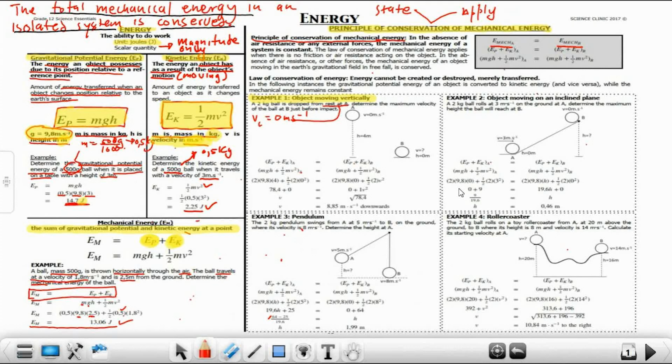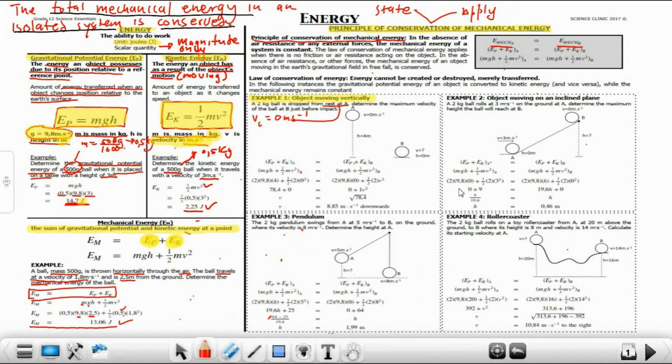So it basically says now a 2 kg ball is dropped from rest. Determine the maximum velocity of the ball at B just before the impact. So it's always nice to have your data.